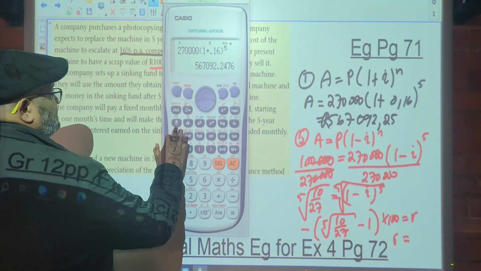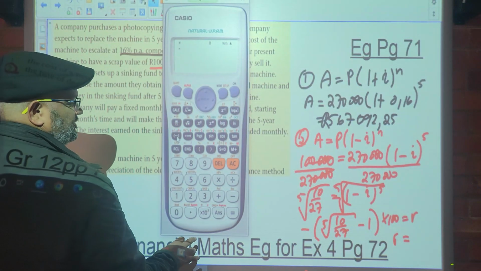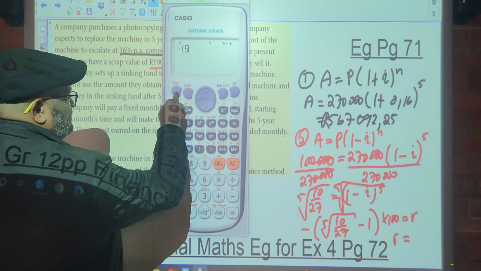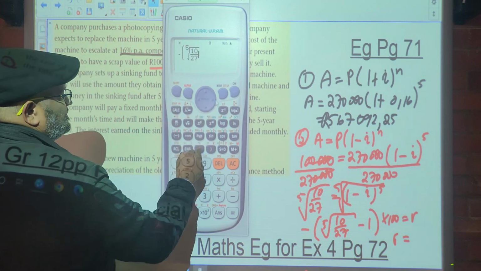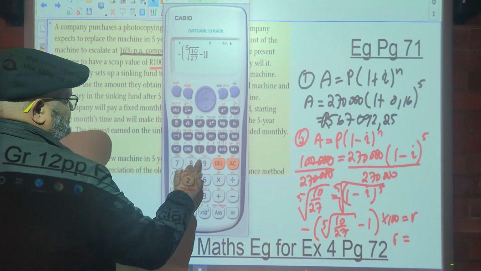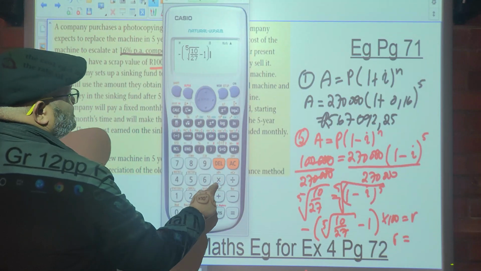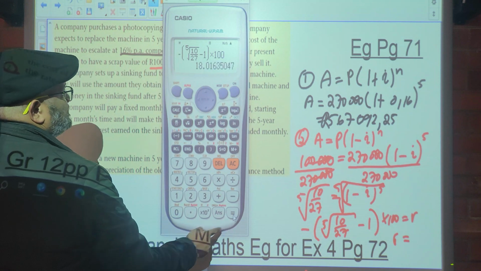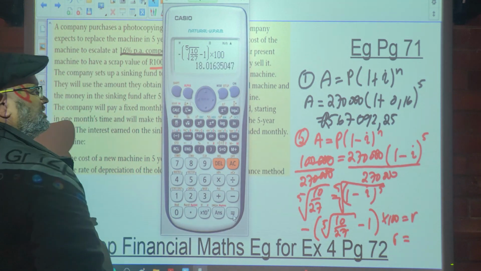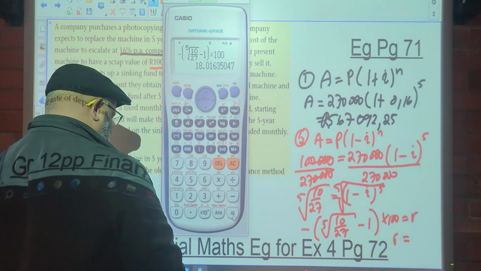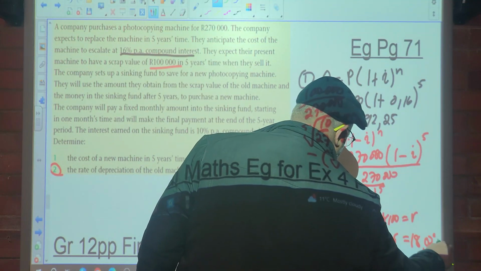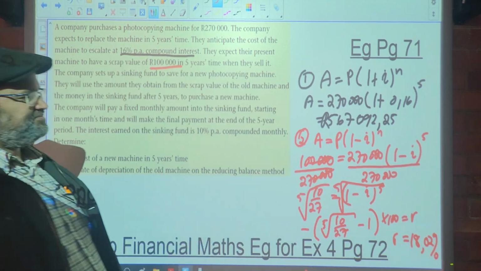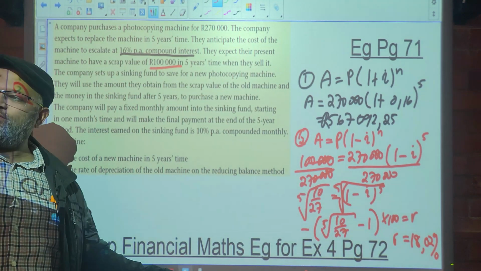So it's going to give you a negative, open brackets, the fifth root of 10 over 27 minus 1, times 100. Give you 18 comma 02. Is there any confusion?